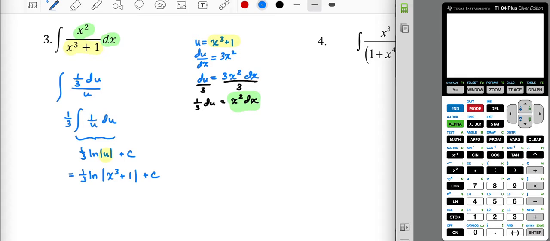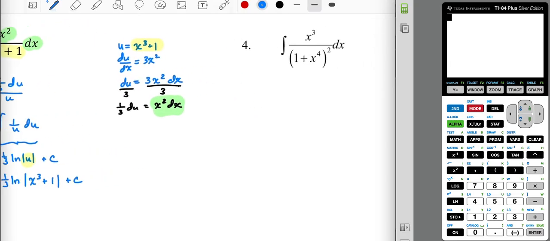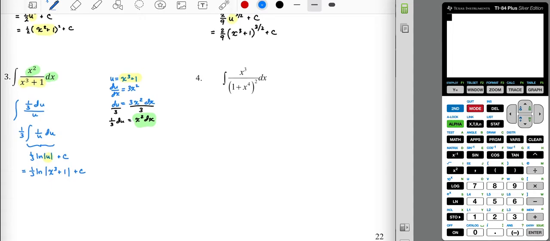All right, so once you start seeing the potential candidates for u, it gets a little easier to get started on a problem like this, or problems like these. Like in number 4, I'm inclined to call u 1 plus x to the 4th, because the derivative of x to the 4th is 4x cubed. That's going to help me cancel out the x cubed.